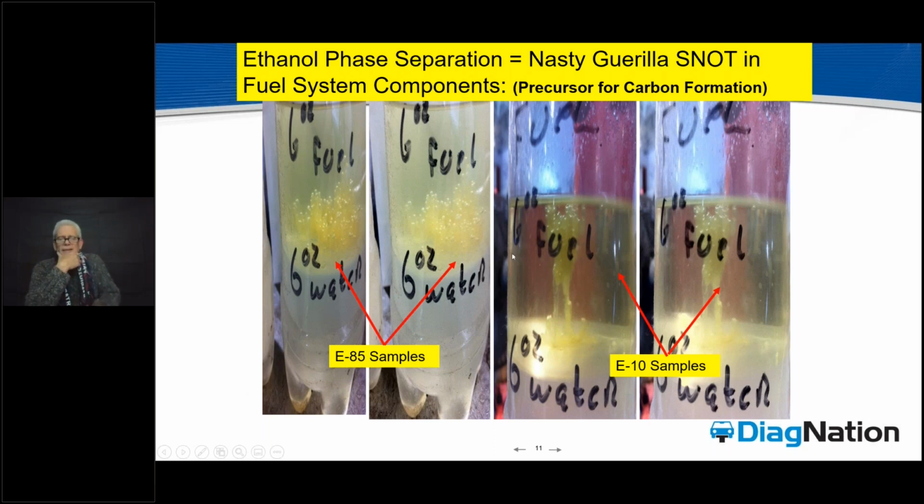Now, the reason that we did this in this form and in a clear bottle was to show, we built this at a friend of mine's Ford dealership up in Canada, actually, right? And the purpose was to show the customers and the technicians what's really going on in that fuel tank over time. Now, think about this for a second. The stuff that you're seeing on the screen, for example, here, is the E10 ethanol blend.